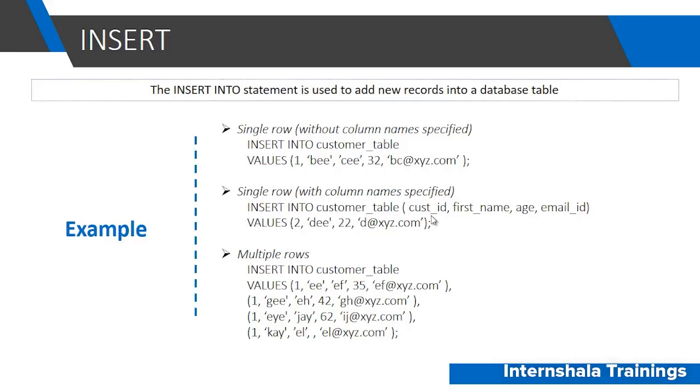To avoid this error, we need to mention the column names after the table name. So in this example, you can see the customer D does not have any last name. So we mention the customer ID, first name, age, and email ID as the columns in which value is to be filled, and then we give the values. So now let's toggle back to pgadmin and run this query also.